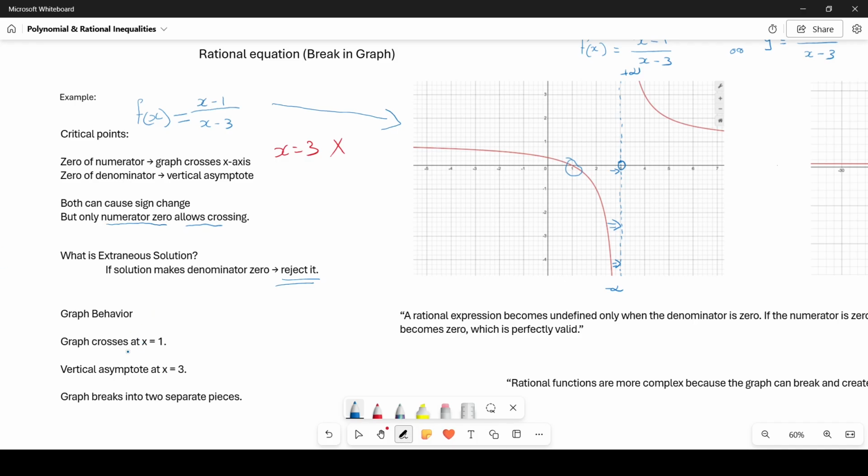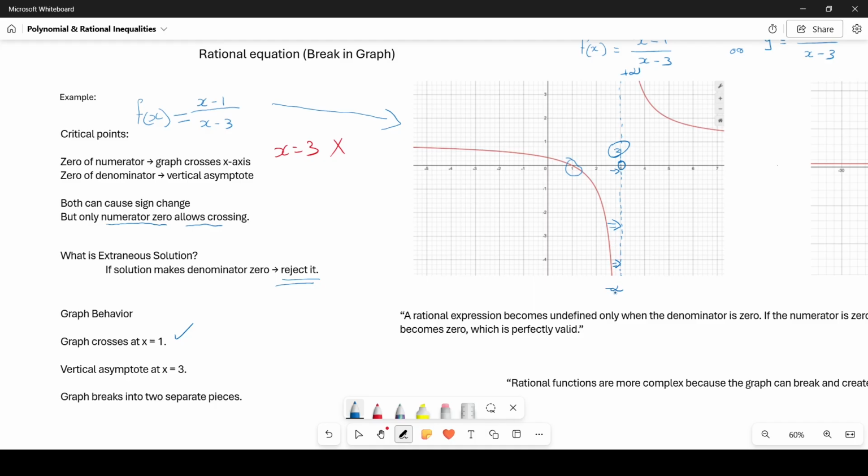The graph crosses at the x-axis. You already saw the graph crosses the x-axis at the point x is equal to 1. The vertical asymptote is x is equal to 3. When the value of x is moving closer to 3, the y value will go to maximum negative infinity.